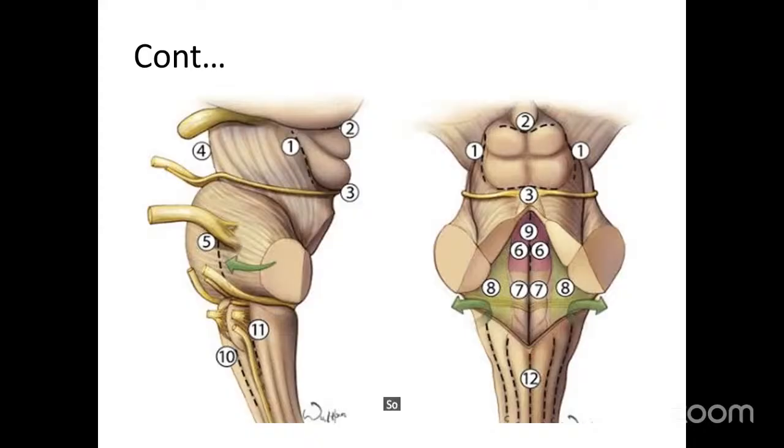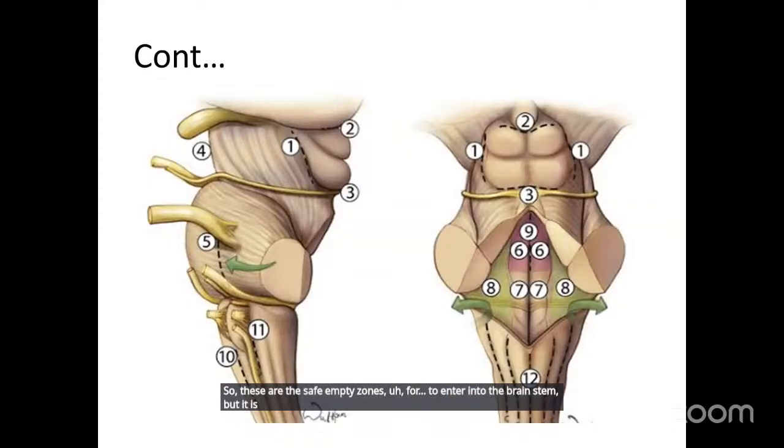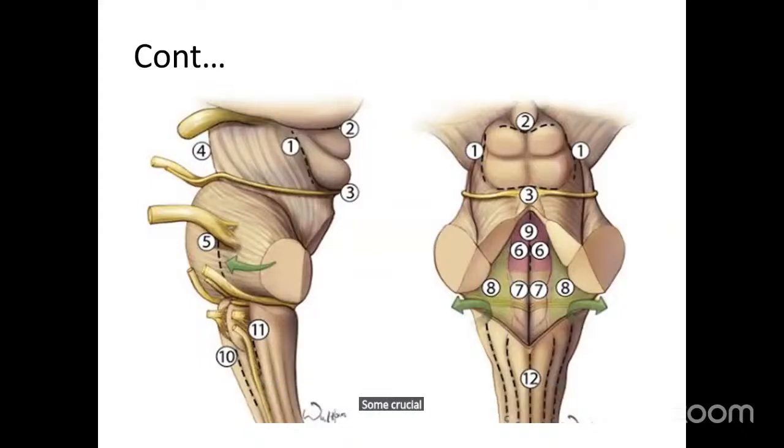So these are the safe entry zones to enter into the brain stem, but it is very critical to get anything from the brain stem because very crucial and important structures are there. So we can just take a biopsy.